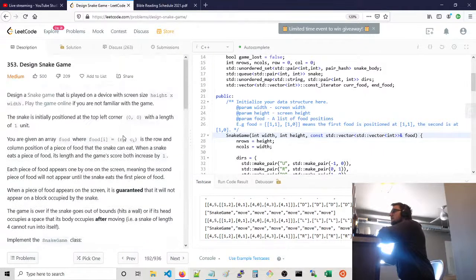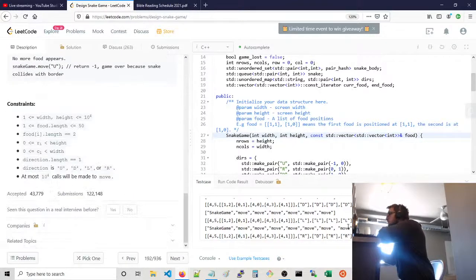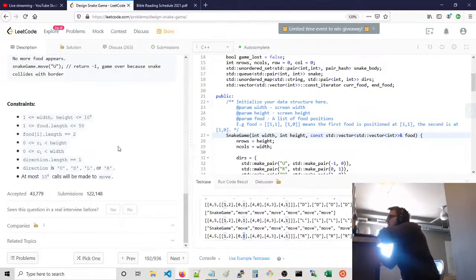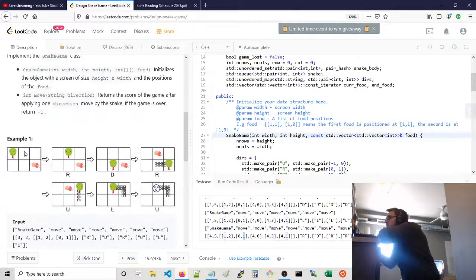But anyway, the first move to the right should actually pick up the food, no? Or is this row column? That's really surprising. Row 0, column 1, go to the right.